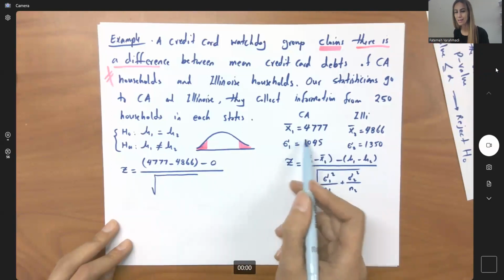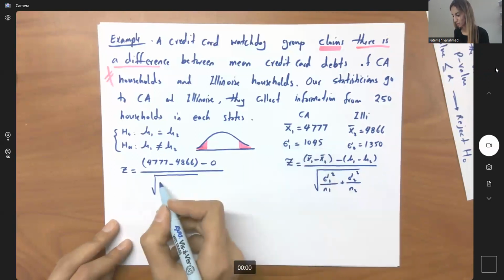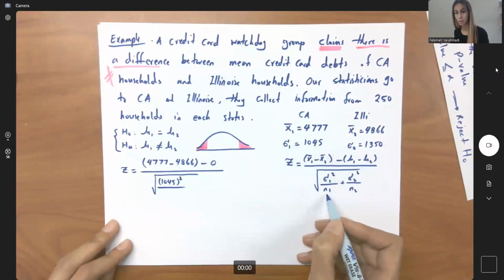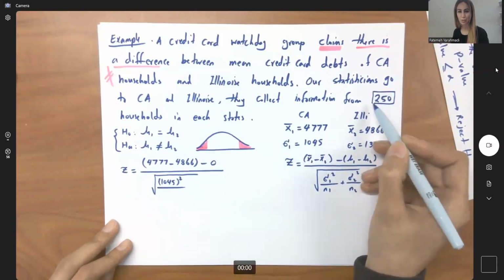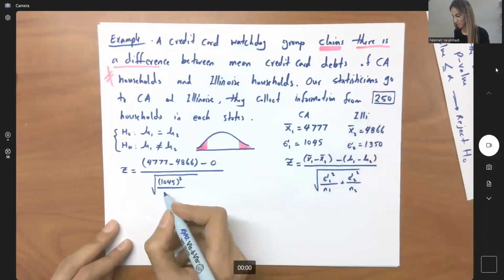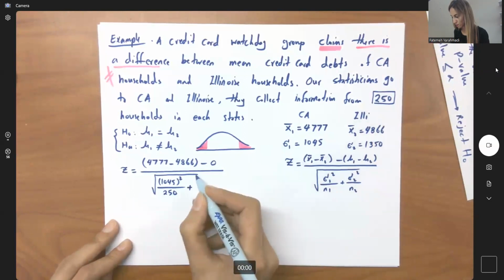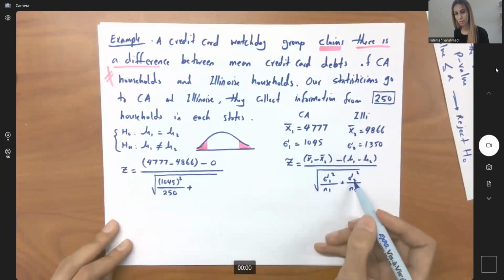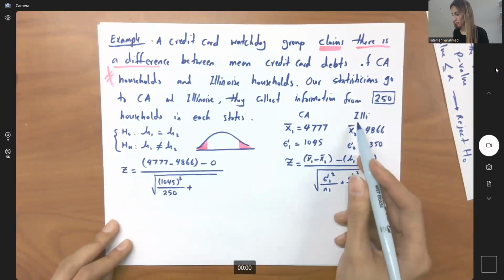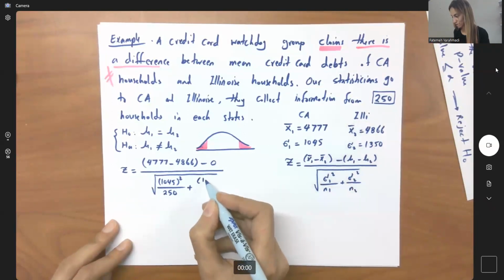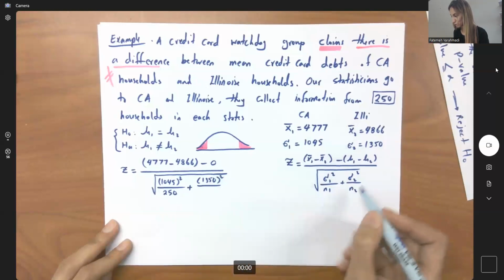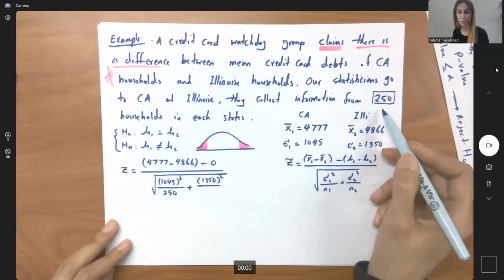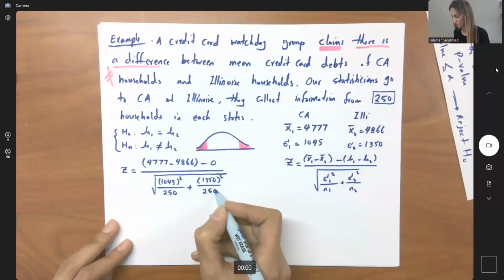From past studies, we know that the standard deviation of California is 1,045 to the second power divided by n1. How many households? In each state, we ask 250 households, divided by 250, plus sigma sub 2 squared. Sigma sub 2 is for Illinois. It is 1,350 to the second power divided by n2. We ask 250 households in each state, 250.